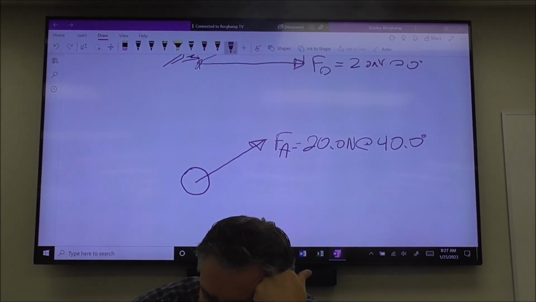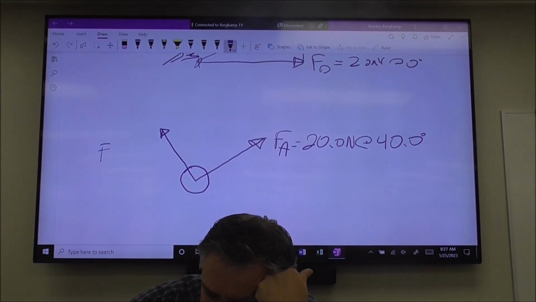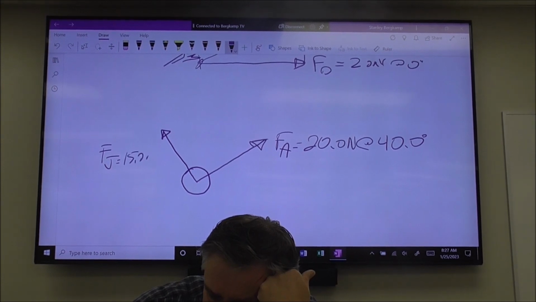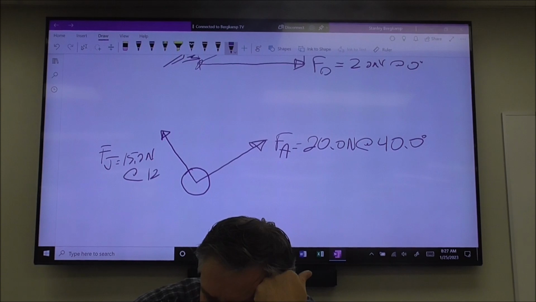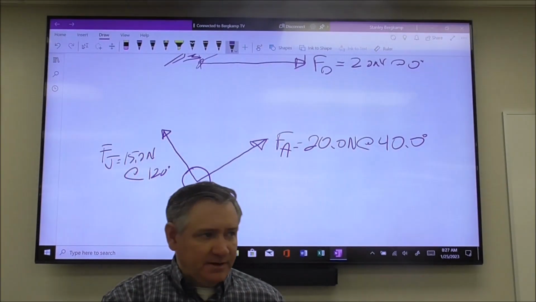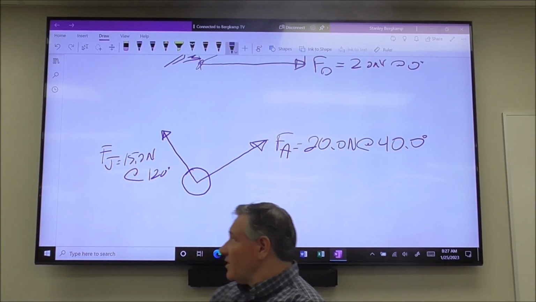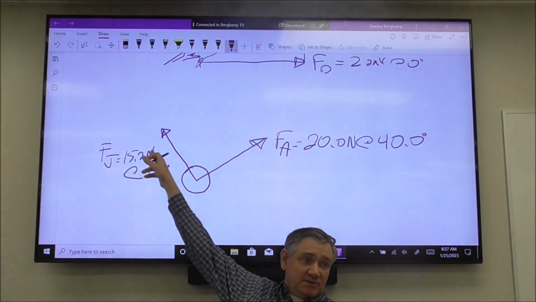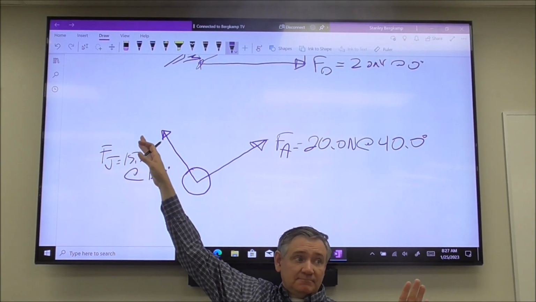And then at the same time, Jake is going to kick the ball with a force of 15 newtons at 120 degrees. Okay? So, here's the soccer ball. Lex is kicking the ball this way, Jake's kicking the ball this way. Okay? Got that.